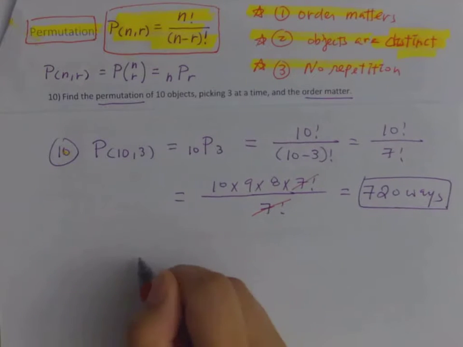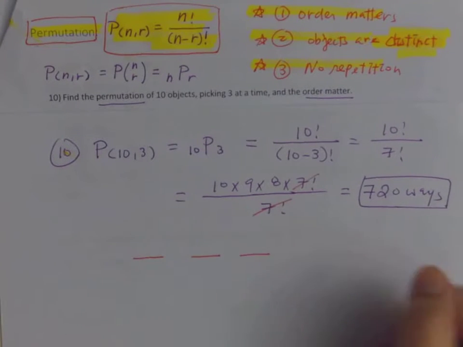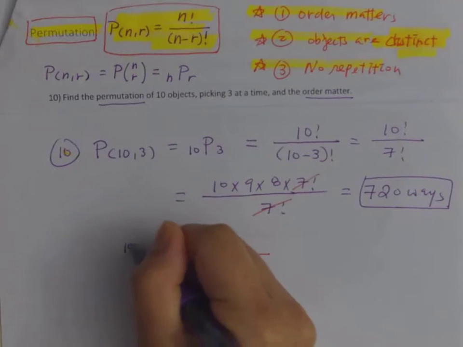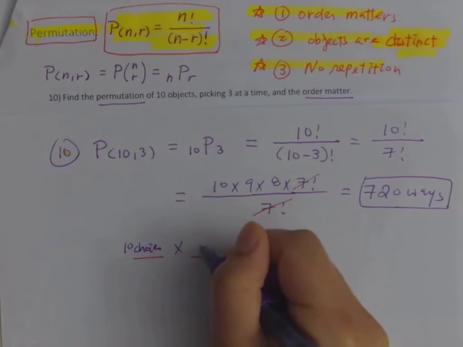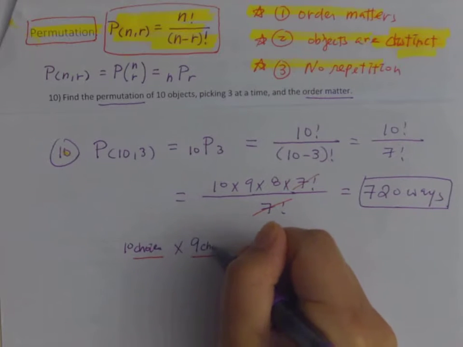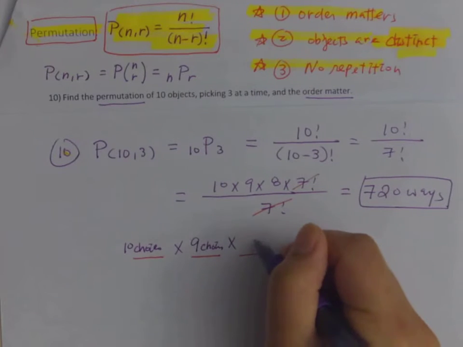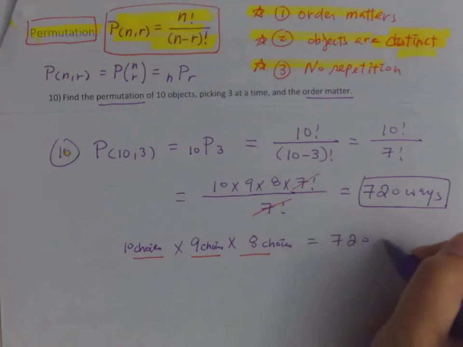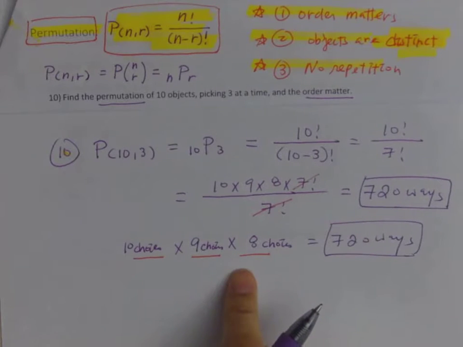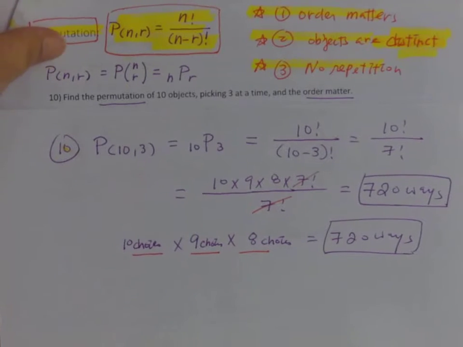You have 3 slots, and at the beginning you have 10 choices, and then after that, no repeating, so you only have 9 choices, and then after that, you only have 8 choices. So together you have 720 ways. You can think of permutation like that, but if the number is really huge, sometimes it makes sense to use the formula. So that's number 10. The answer is 720 ways.